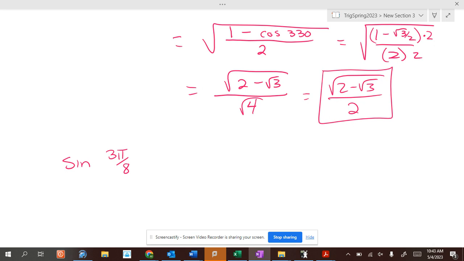Quadrant 1. Why is it in quadrant 1? Well, what's 4 pi over 8 the same as? What's 4 over 8? 1/2. So that's like pi over 2. So if 3 pi over 8 is smaller than pi over 2, it must be in quadrant 1.